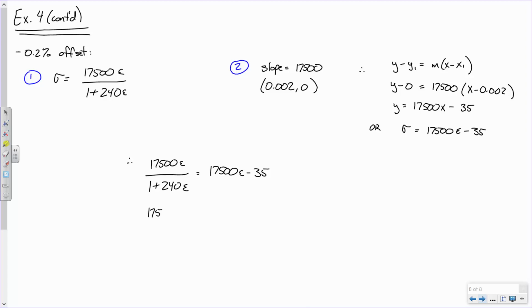Let's see. Take that denominator, multiply it over. What do I got to do over here on the right? A little bit of foiling, right? First, outside, inside, last.